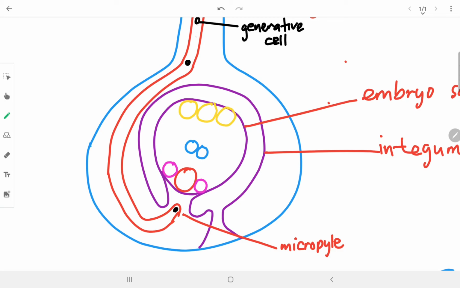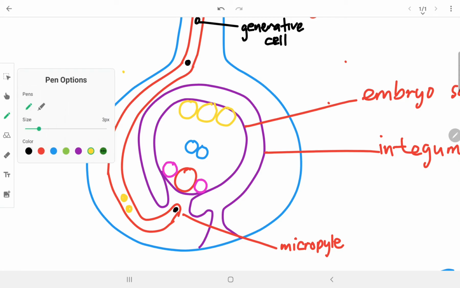sebelum sampai ke micropyle, before the generative cell reach the micropyle, the generative cell will divide by mitosis. Okay, it will divide by mitosis and produce two sperms.